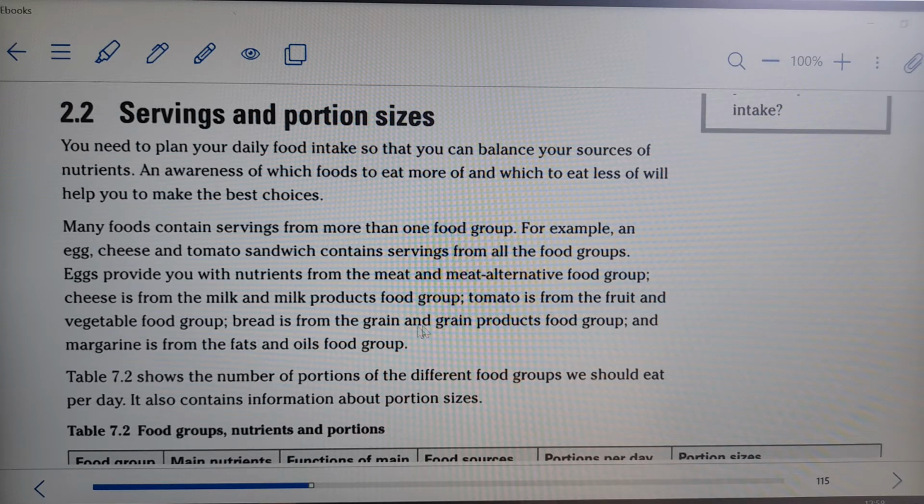Bread is from the grain and grain product food group, and margarine is from the fats and oil. So you see, a sandwich is kind of balanced. Table 7.2 shows the number of portions of the different food groups we should eat per day. It also contains information about portion sizes.